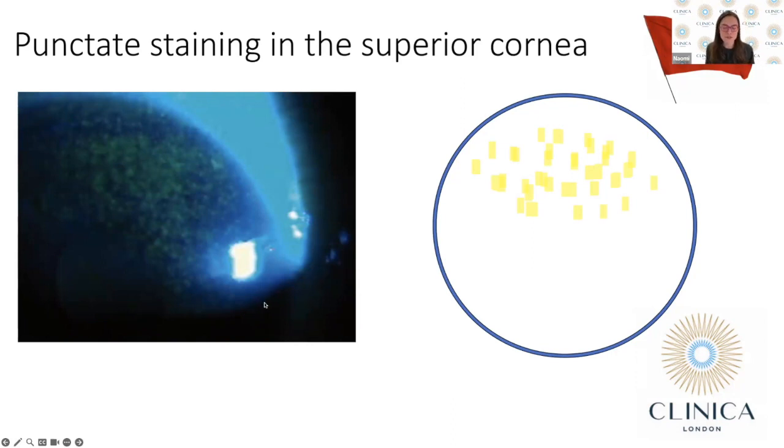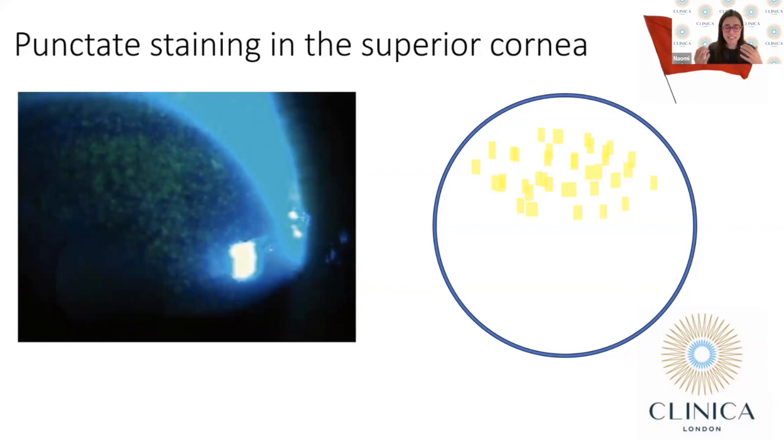Now, if you reflect on where you mostly see fluorescein staining, it's usually in the inferior part of the cornea. It's not uncommon in adults, associated with blepharitis, and it's not too terrible a sign.